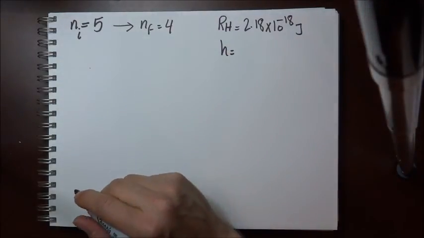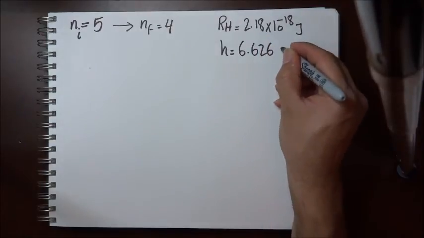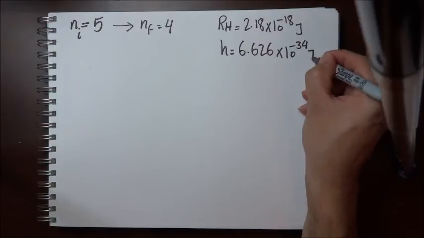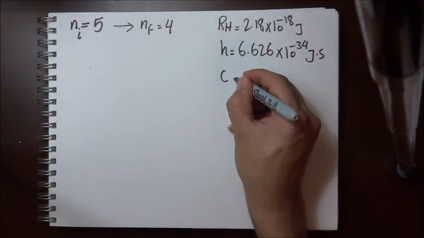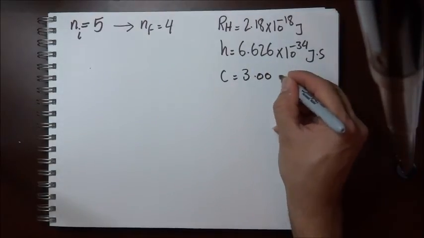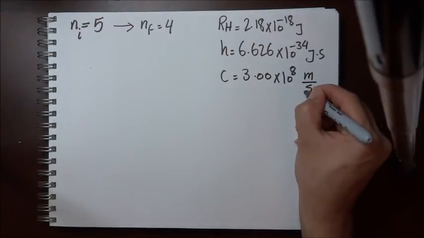H, or Planck constant, equals 6.626 multiplied 10 to the power of minus 34 joule second. C, or velocity of light, is equal to 3.00 multiplied 10 to the power of 8 meter over second.